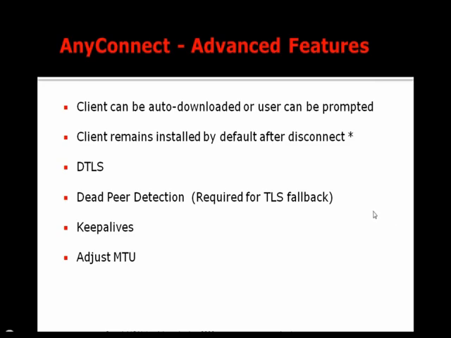Now I put a star there because there's conflicting information within the documentation. If you look at the config guide for 8.0, it says that the client is uninstalled after the session is disconnected. If you look at the command lookup tool, it says that the client remains installed. So what I did recently, I did a show run all on the firewall in my rack here, and it says that svc keep-installed is configured to remain.